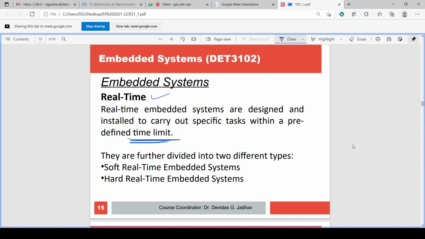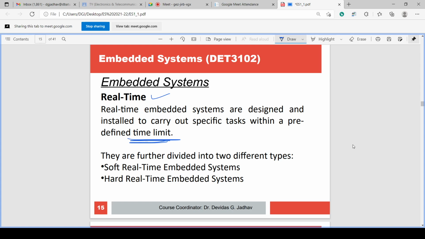So a real-time system, ideally and theoretically, should have no time delay at all. But practically it is not possible, there is a small time delay. Then how much time limit? The specific task is carried out within the predefined time limit.